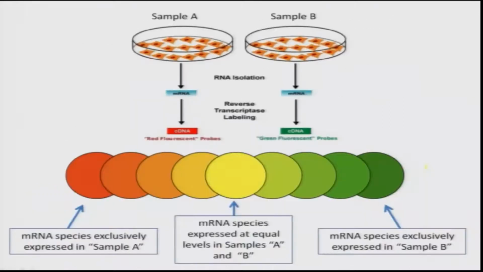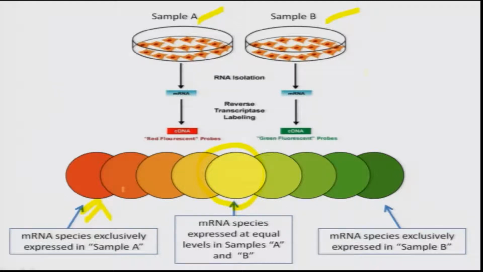So, let us see what this is. If the expression level remains pretty even between the two sources, sample A and sample B, then I would get something like yellow, because this is a mixture of red and green, right. Whereas, if the expression level in sample A for a given gene is very high, I am going to get a red fluorescence, because the green fluorescence coming from sample B is going to be extremely low, because it is a competitive hybridization.